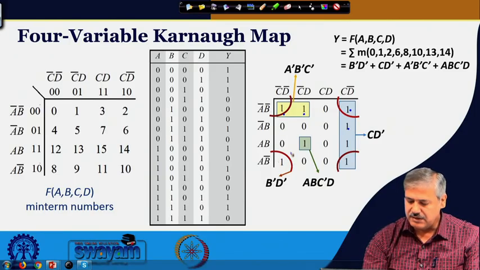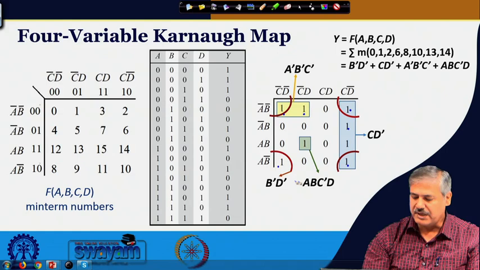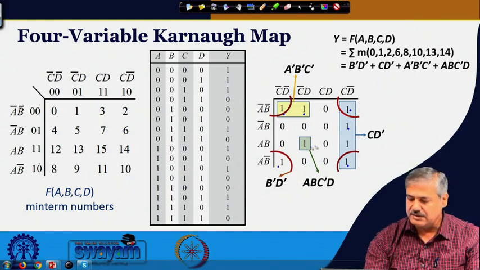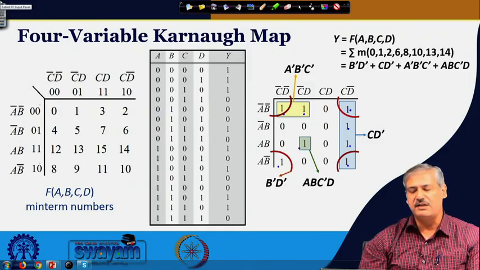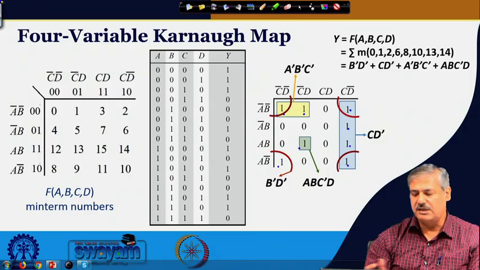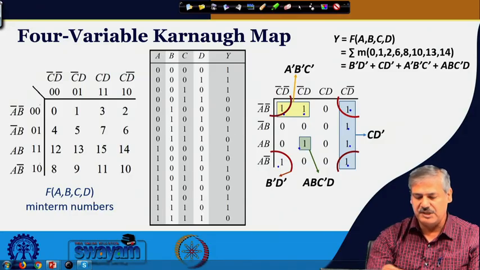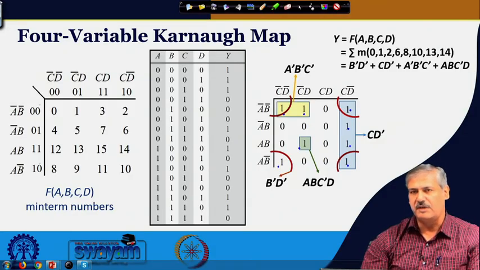Then this is 7, this is 8, 9, this is 10. Then this is 11, this is 12, and this is your 13 and this is your 14. So, all the min terms are represented in the Karnaugh map, and you can see their presence.